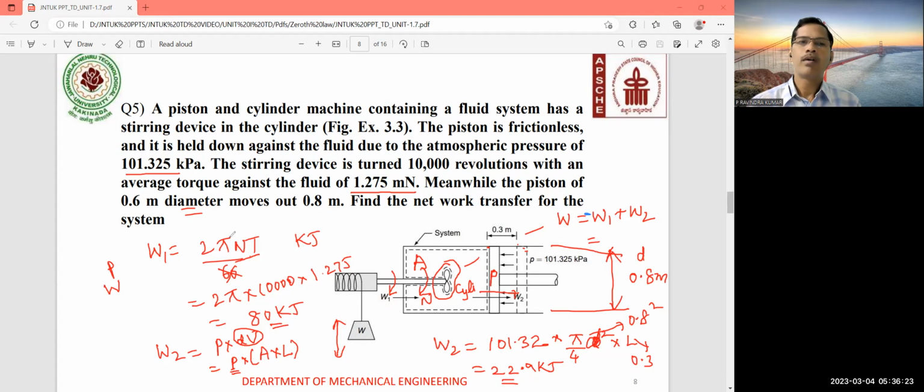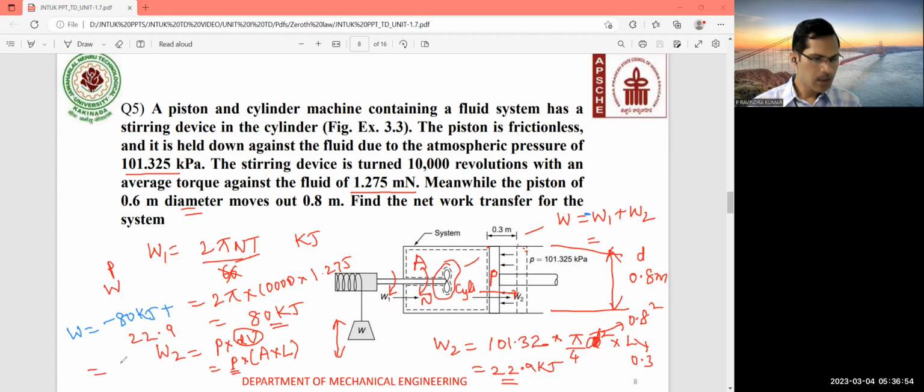So what is W here? W is equal to, first, minus 80 kilojoule. Why? Work given to the system, work done onto the system, is minus 80 kilojoule, plus the work done by the system. Here the piston does work, it is 22.9.